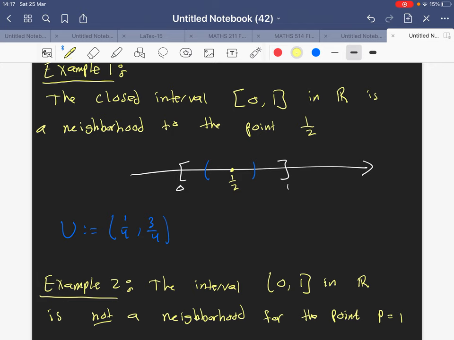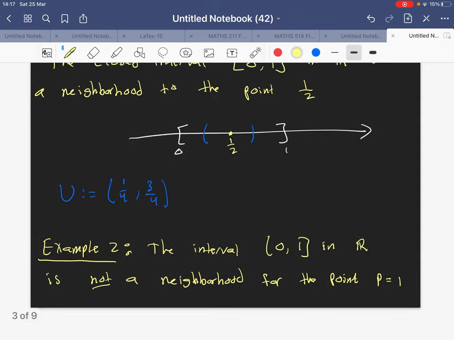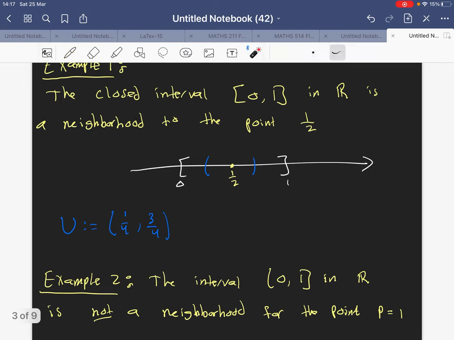This is not. Now, how do we prove it? First, if we try to visualize this, my point will be exactly here. Any open set would just be a little to the right of the 0. It will go outside the neighborhood, outside this interval. So this will not be a neighborhood.